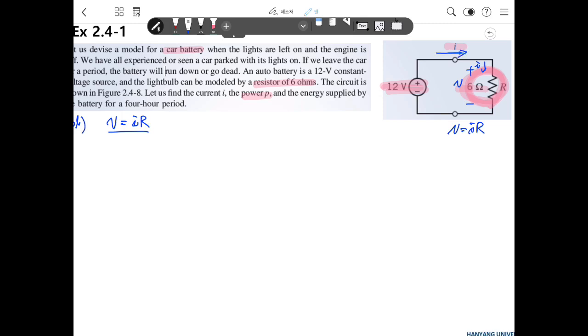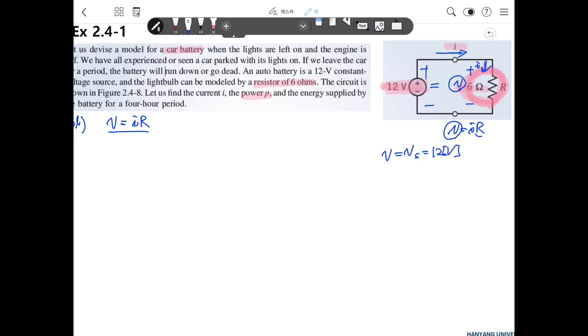This current is the same as this current. And the resistor is connected directly to the voltage source, so V is equal to the source voltage. So V is the same as Vs, which is 12 volts.